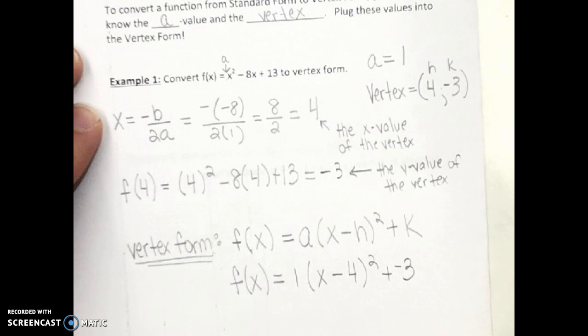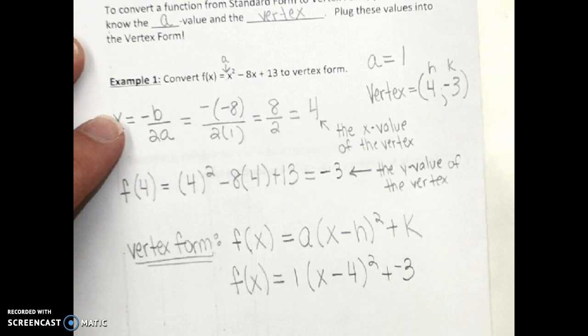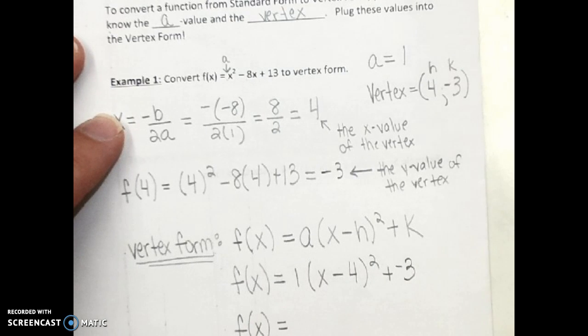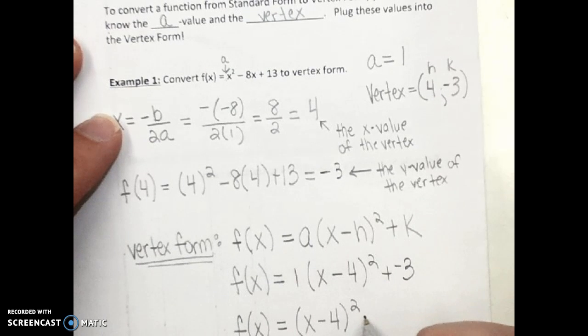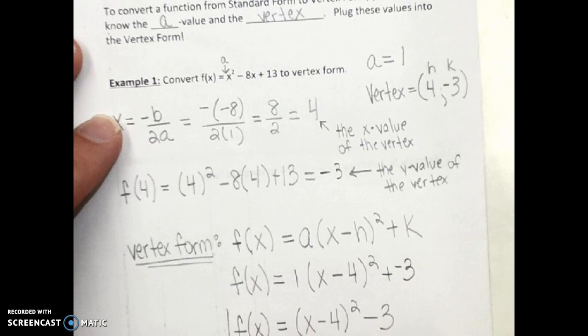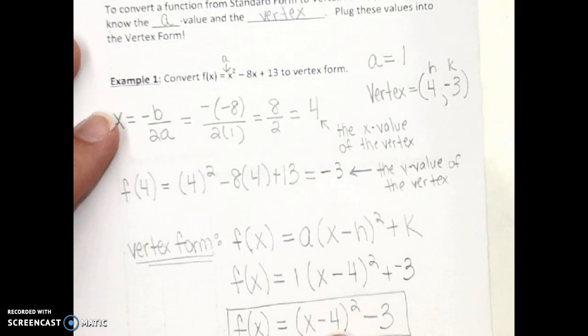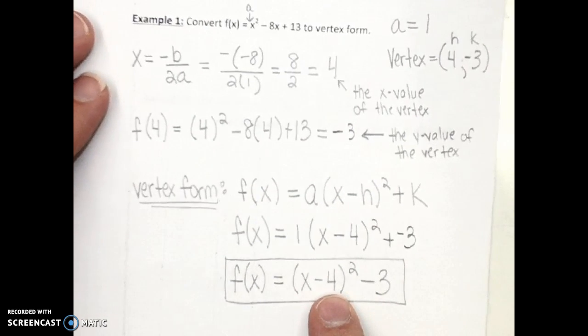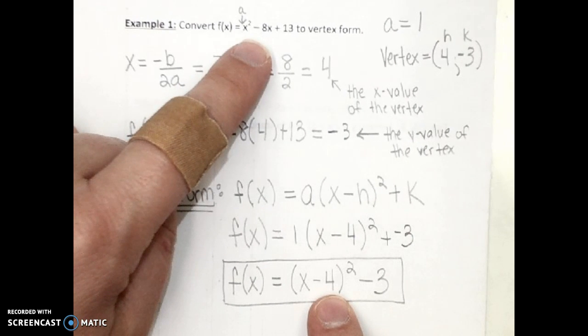Now let's be honest. We don't usually write a 1, and we don't write plus a negative. So let's make this look a little more mathematically professional. F of x, because this is saying the function of x, equals x minus 4 squared, and plus a negative 3 becomes minus 3. This is the vertex form of the original.